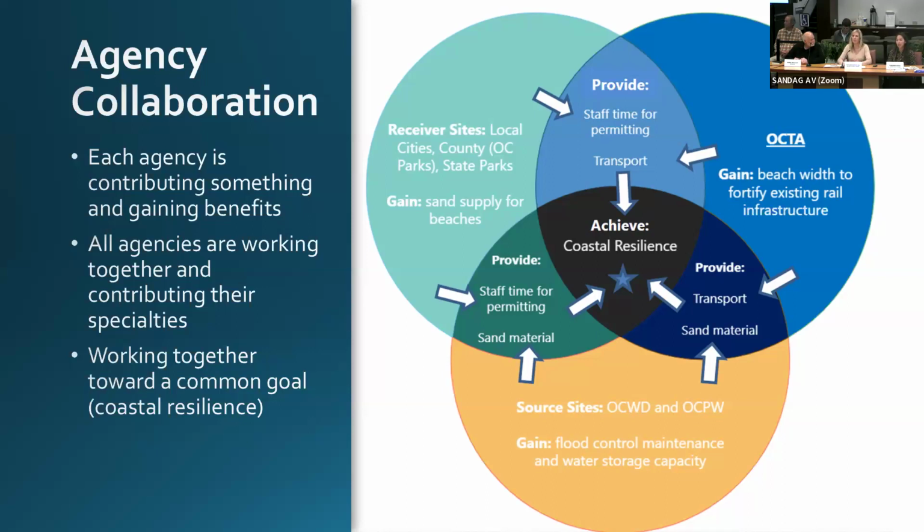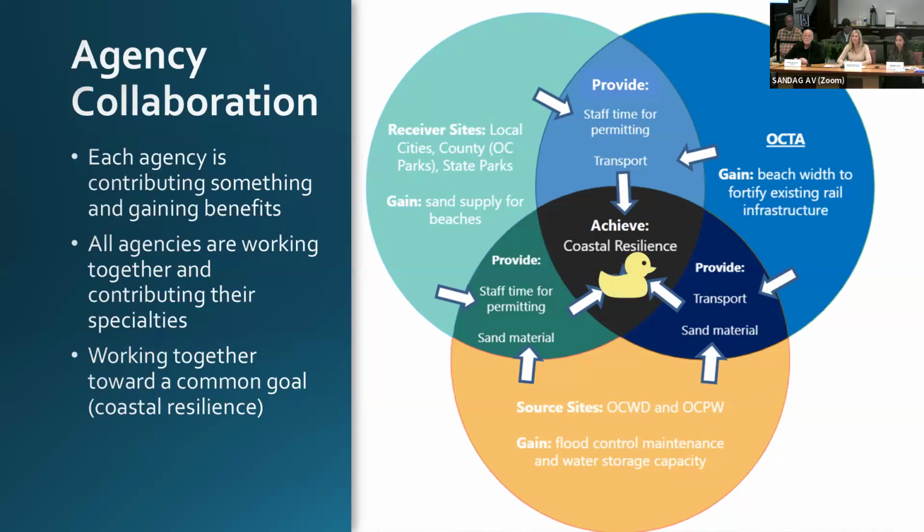And then we have other transportation agencies such as OCTA that have the potential to help us with transport of sand. So everyone's providing their own piece of specialty in that process to help bring sand and implement projects for our region. I call it the Blue Star of Coastal Resilience.